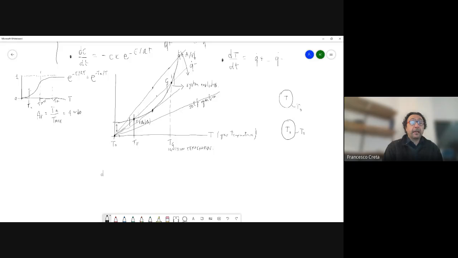Well, remember that dC/dt is minus C k e to the minus E over RT, right? So this is essentially for the reaction of reactant R going to the products, and it's an irreversible reaction.